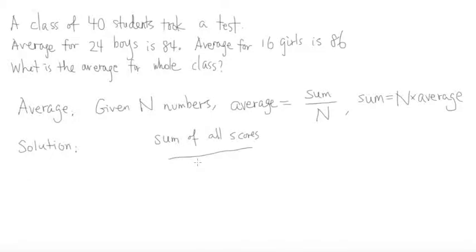And in this case, n is 40 students. And in order to figure out the sum of all scores, you just use the sum of the boys' scores, and you add the sum of the girls' scores.